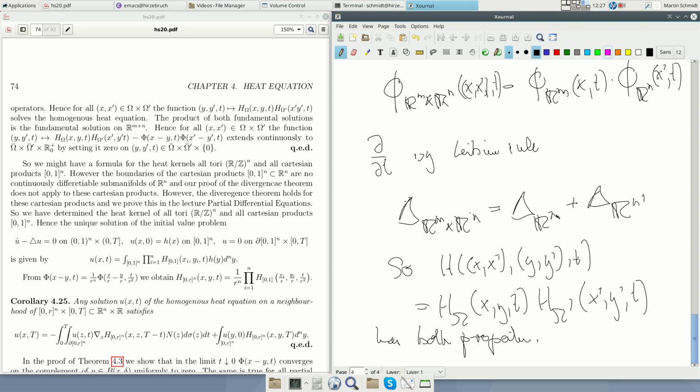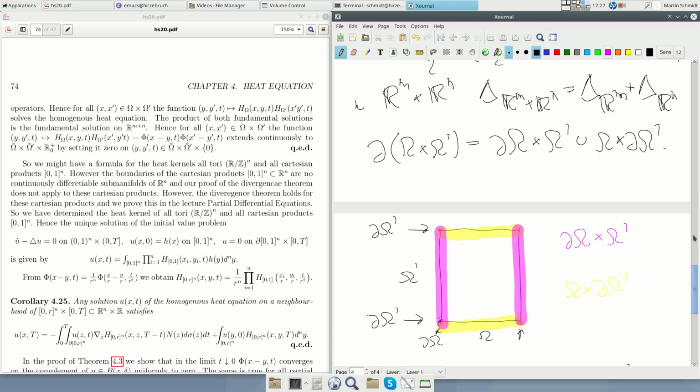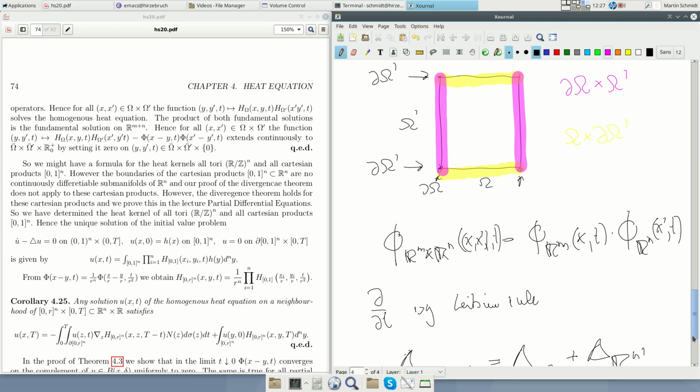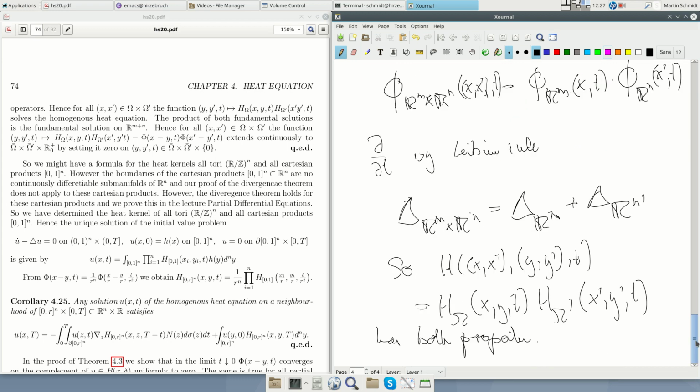On the boundary either this or this vanishes. We have these two boundary components. On this boundary the first factor vanishes, on the second part the second factor vanishes. So it vanishes on the whole boundary, and it obeys the heat equation, by this Leibniz rule and this formula.